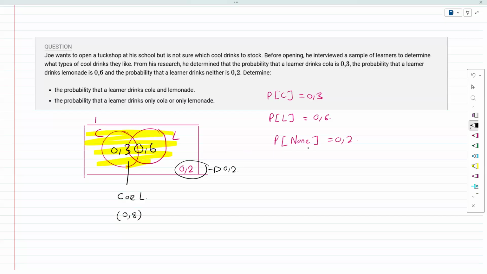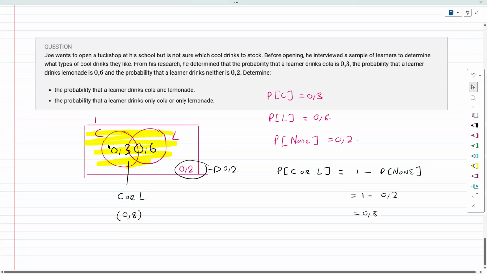What is the probability that a learner drinks cola and lemonade? Firstly, I would need to find the probability of somebody who drinks cola or lemonade. That's quite simple because I can go with 1 minus not. So 1 minus 0.2, the probability of none, is 0.8.